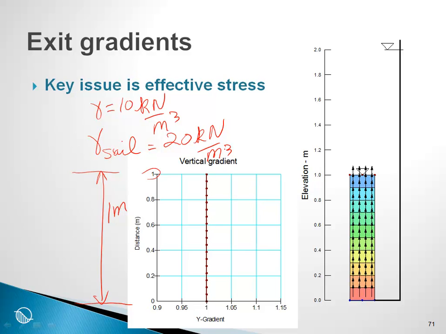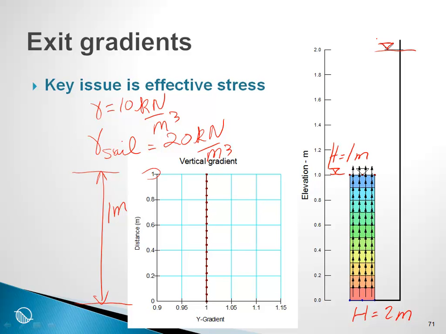then if we apply a total head, H equal 2 meters here, and H equal 1 meter here, in other words, the pressure is 0, and so to speak, the water table is here. But at the bottom of the column, the water would rise up to here in a standpipe.